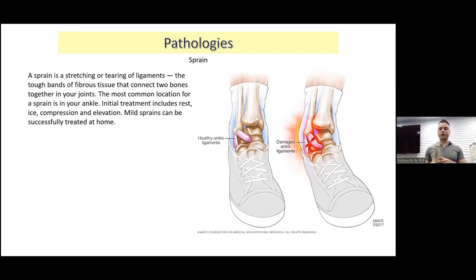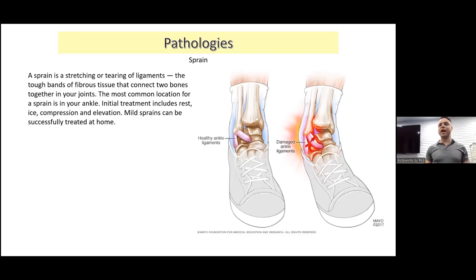We'll see strains a little bit later in the muscular system, because strains are injuries to the muscle tissue or tendons. So think of strain, with a T in it, as affecting the tendons and muscles. Sprains, well, just ligaments, right?